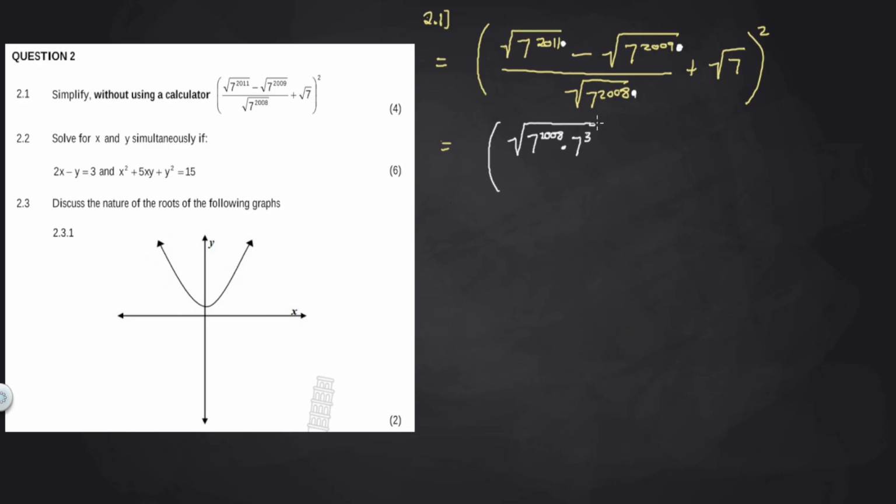I want to break the big exponents into a product of powers with one of those powers having an exponent of 2008, which is the smallest exponent, minus the square root of 2009. The 2009 I break as 2008 multiplied by 7 raised to exponent 1, divided by the square root of 7 to the 2008.